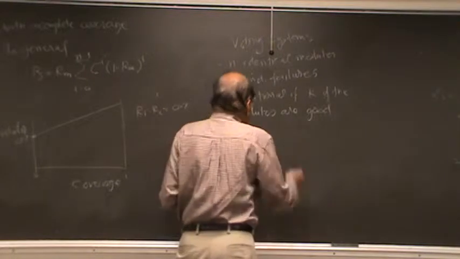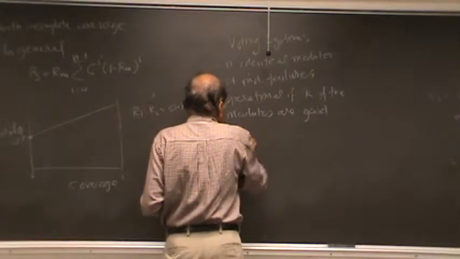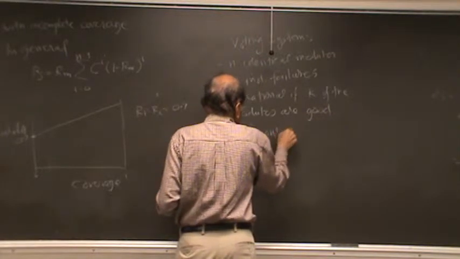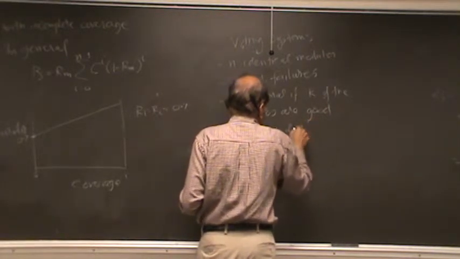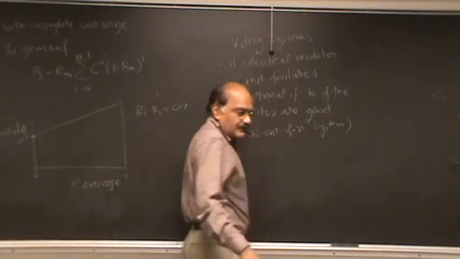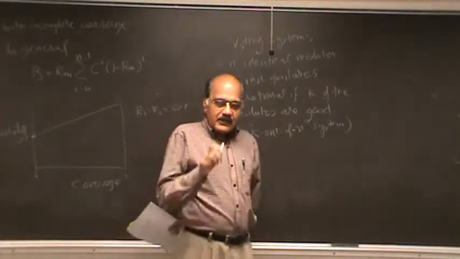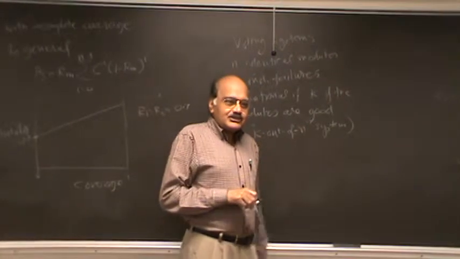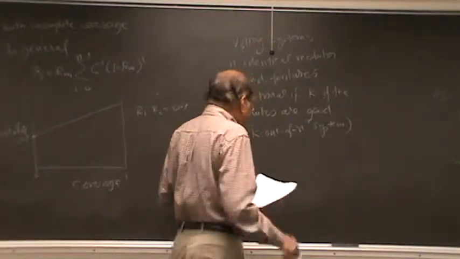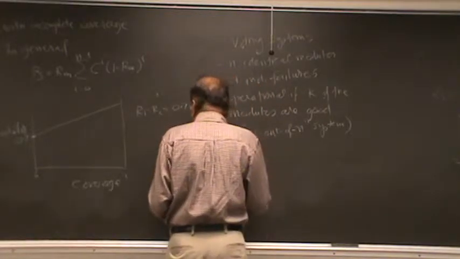Now we will refer to this as the K out of n system. So we have n modules, and if K of them are good, then the system is good. Now we will see a specific example, but let's first see the general solution.